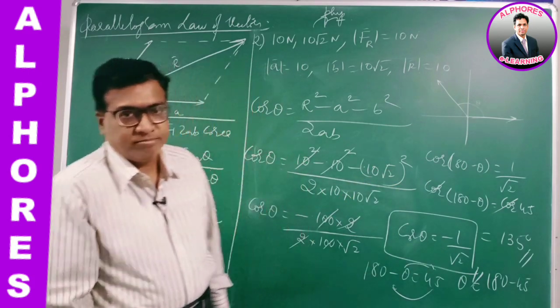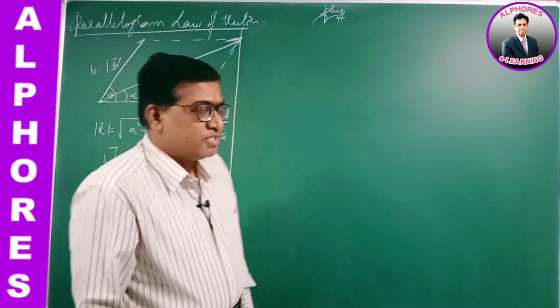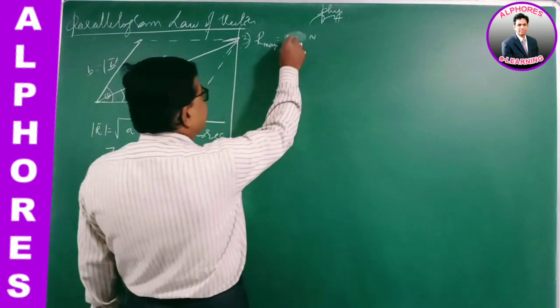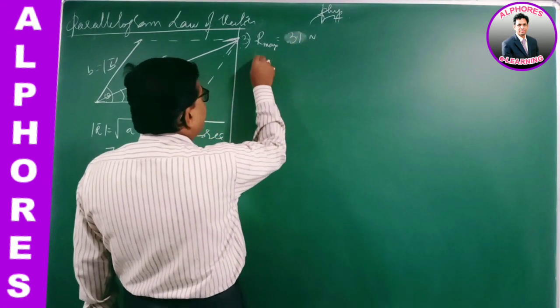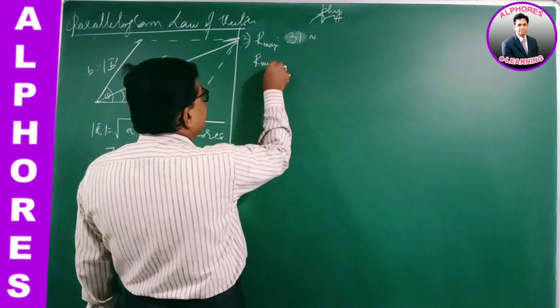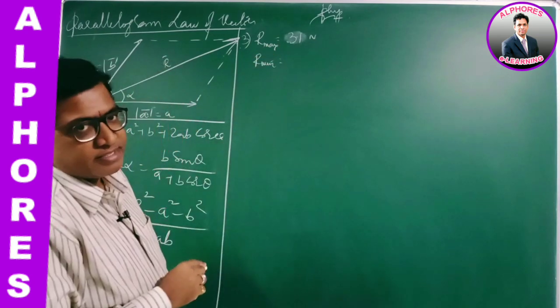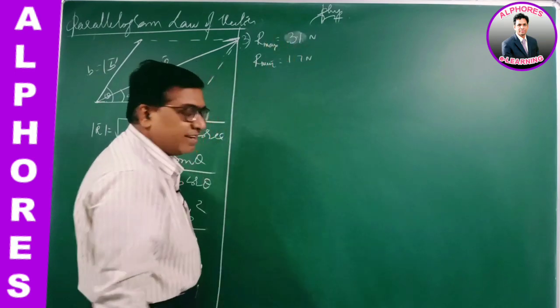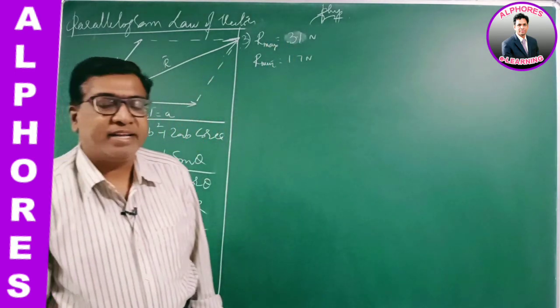Okay, right? Now the next question. Suppose the maximum resultant is 31 Newton and the minimum resultant of these two is 17 Newton. Then find the perpendicular resultant.